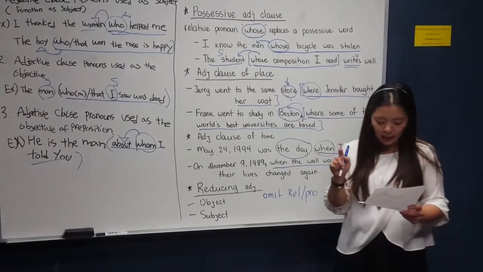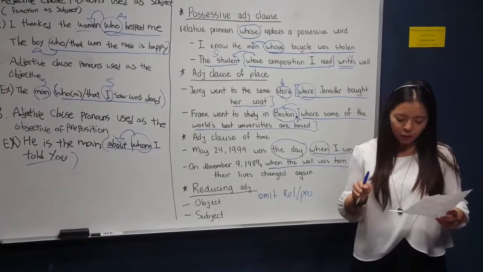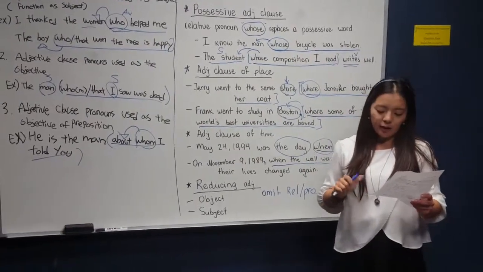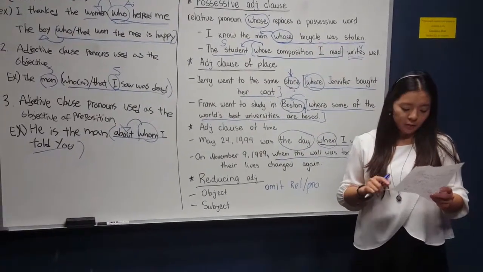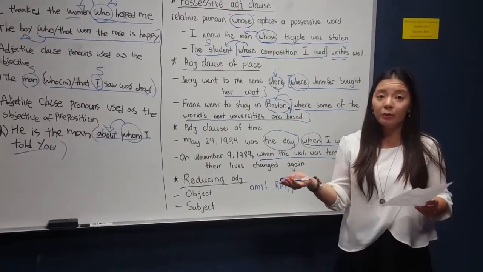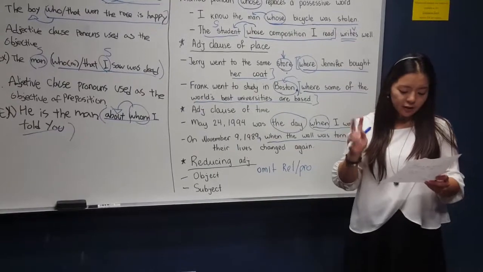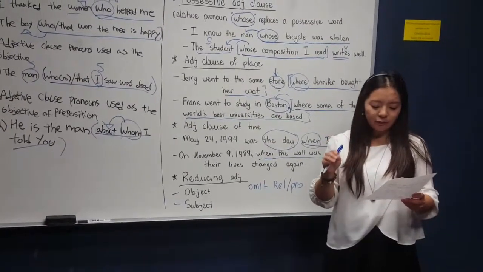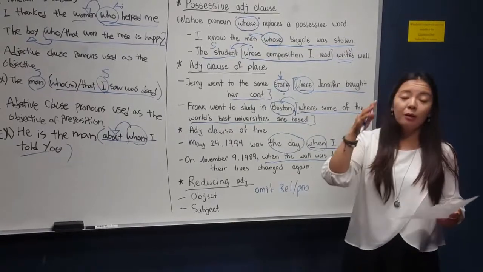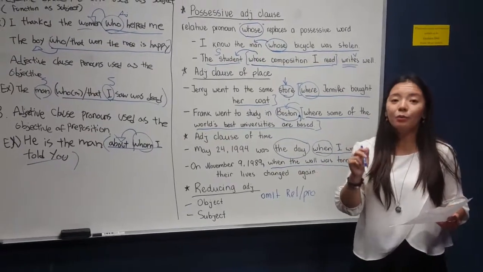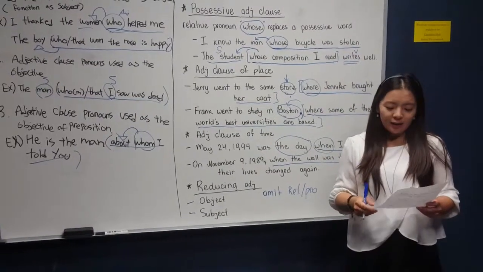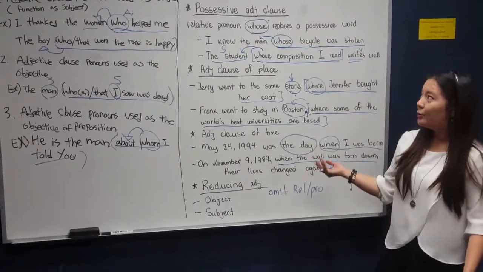The first case, if there is a be verb, you can omit the marker and the be verb, and the verb is going to be similar. The second case is if there is just a verb, not the be verb, so the marker will be omitted and then the verb gets an added ing. So this is how we use it.